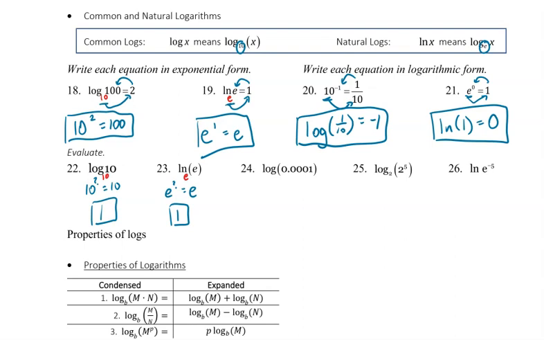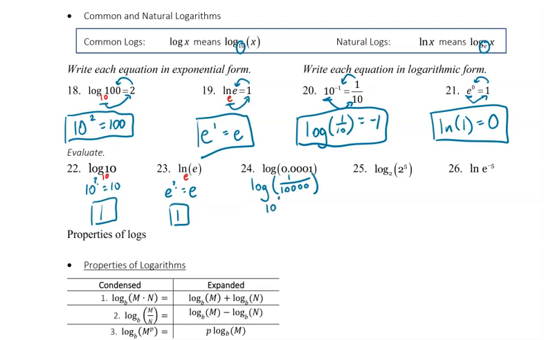All right, next, log of 0.0001. All right, so to make it look a little more like our other ones, I'm going to go ahead and rewrite this, and hopefully this makes it a little easier. That's 1/10,000th. So we can see that that's a fraction, so it must be a negative.